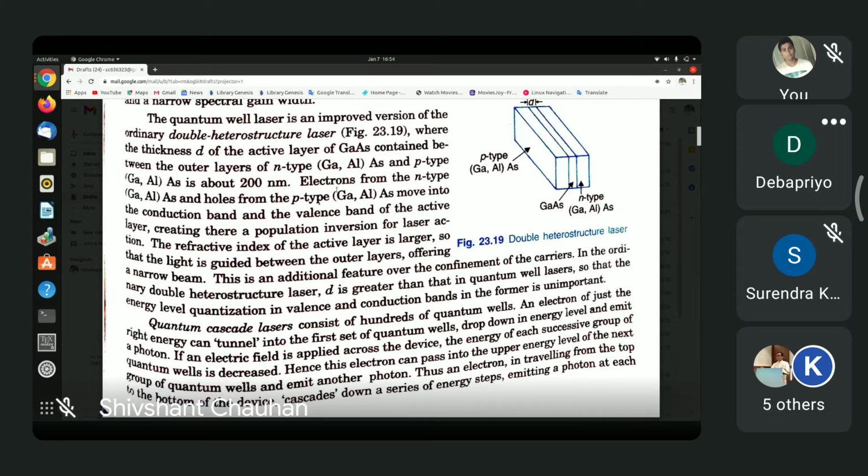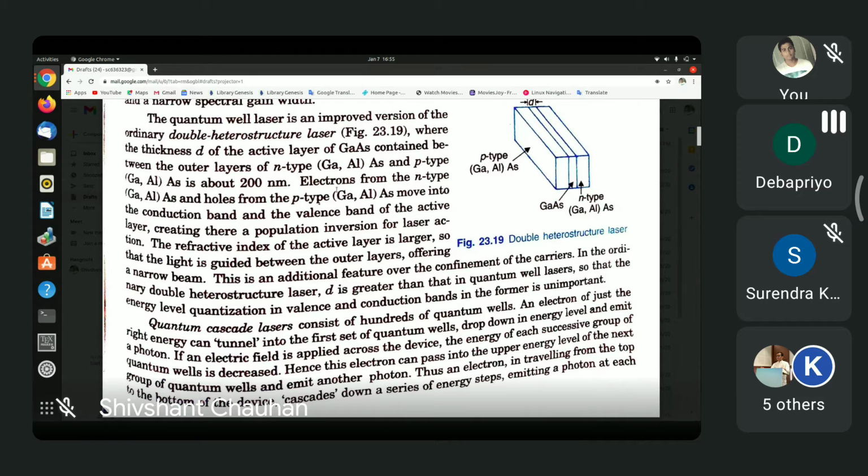If you apply a voltage across it, the top layer shown in that diagram was n type gallium arsenide, and the bottom was p type gallium arsenide. So the voltage has to be applied from the bottom to the top: p type has to be connected to the positive pole of the battery and n type to the negative pole.